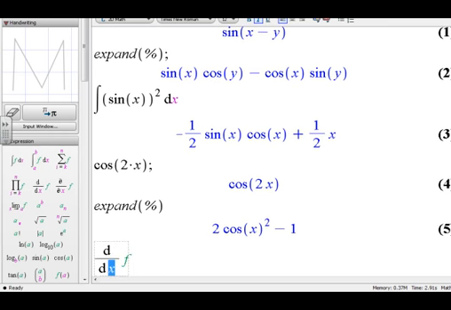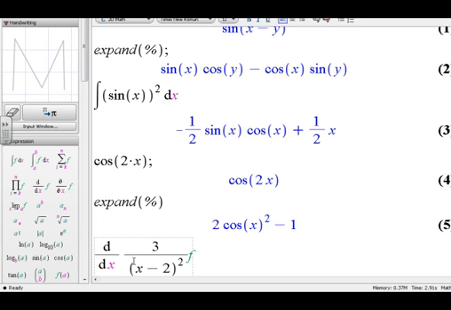We want the derivative with respect to x of 3 divided by ((x minus 2) squared plus 9).